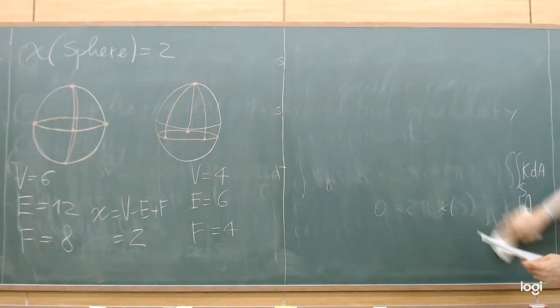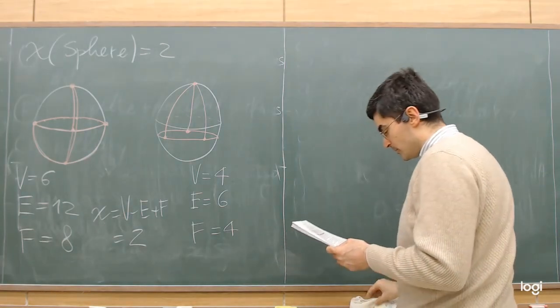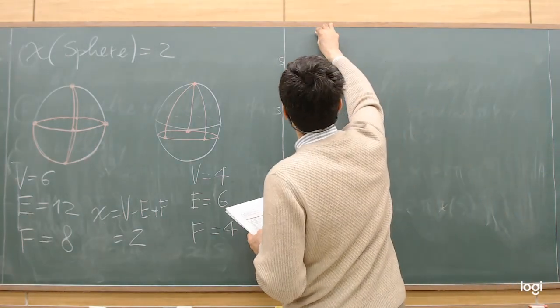If you have the Euler characteristic of a surface, you can compute the genus.